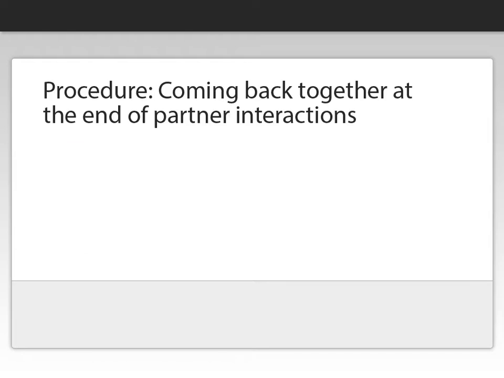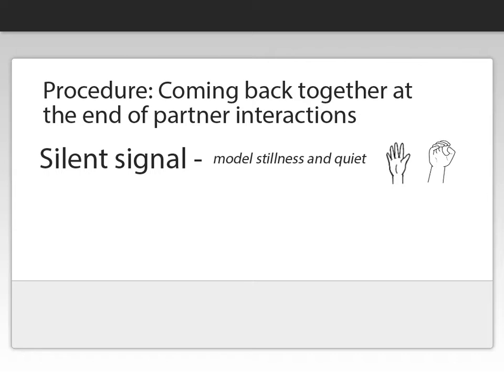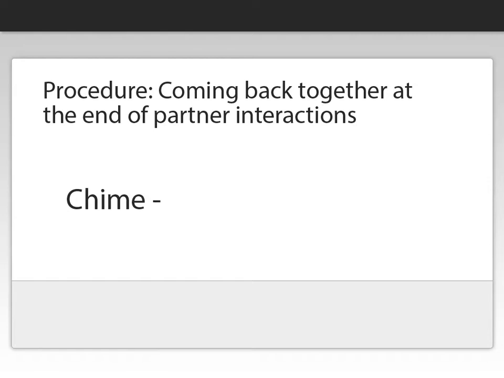You also need to teach and enforce the procedure for coming back together at the end of a partner interaction. If you use a silent signal like a hand raised or 0 noise, be still and silent as you give that signal. If you ring a chime, let it resonate.